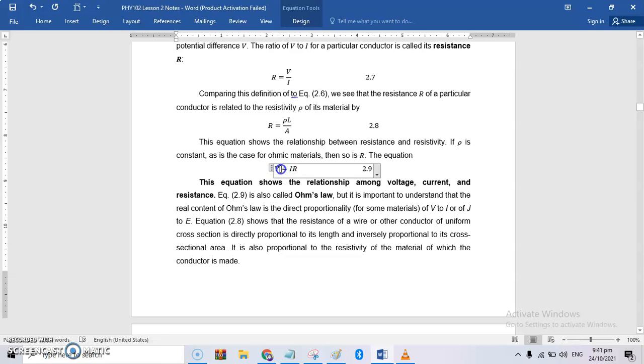Si voltage natin, usually meron tayong 220 voltage available sa ating mga appliances, sa ating mga kuryente. Bakit yan? Ibig sabihin, yung resistance na meron sa ating appliances are fixed. And, nag-require na lang yung appliance natin ng fixed amount of current, di ba?